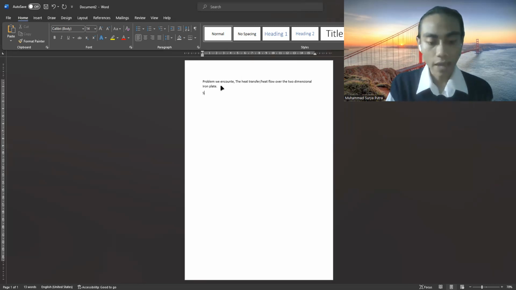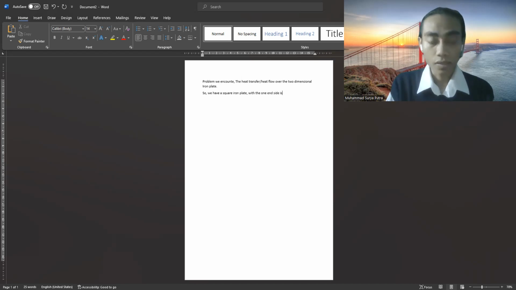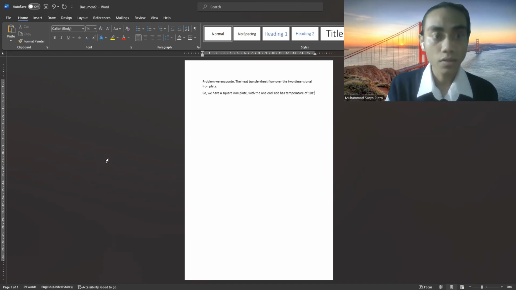So we have a square iron plate with one side having a temperature of 101 degrees Celsius.